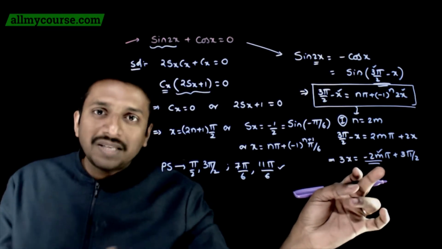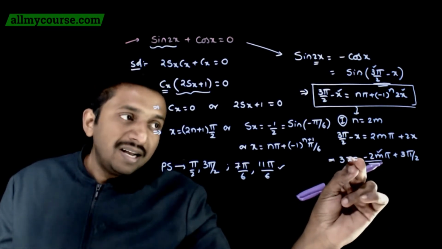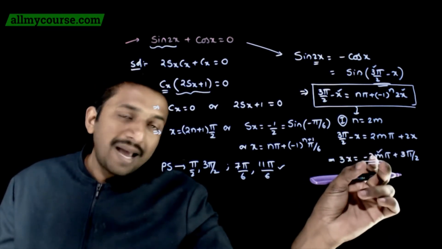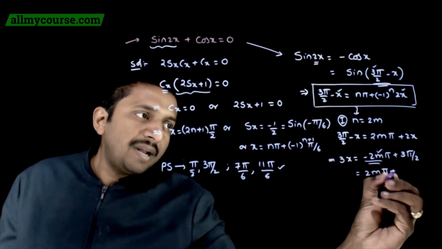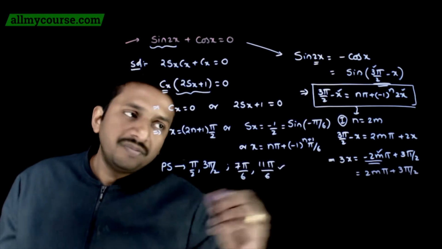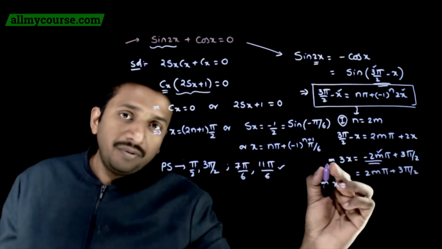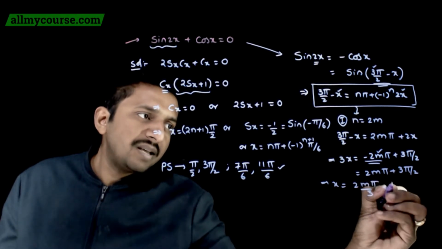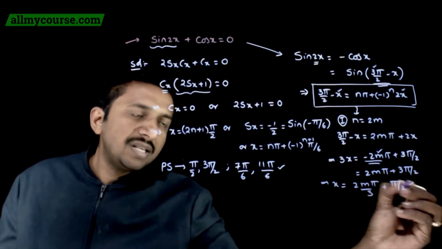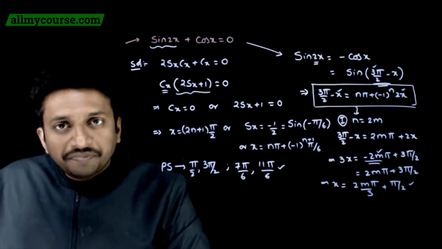M takes positive values as well as negative values. So if you take this minus 2m, minus m is also an integer. So this is of the form 2m pi plus 3 pi by 2. So this implies x is equal to, if you bring this 3 onto this side, 2m pi by 3 plus pi by 2. This is one solution to the equation.